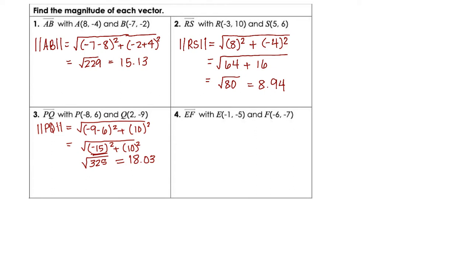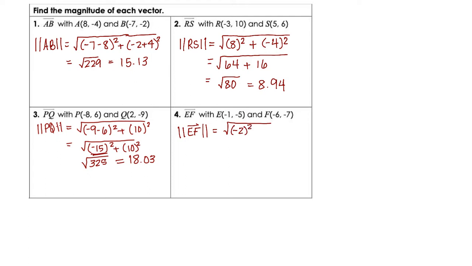And then question 4, magnitude of EF. So we're going to have the square root, and I'm going to shorten this one a little bit. You're going to have -2 squared.